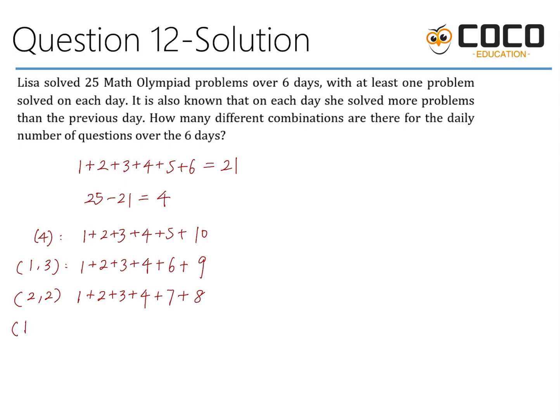So 4 is 1, 1, 2. So the first 3 days are the same, 1 plus 2 plus 3. For the last 3 days, 4 plus 1 is 5, 5 plus 1 is 6. The last day is plus 2, so 6 plus 2, this becomes 8.